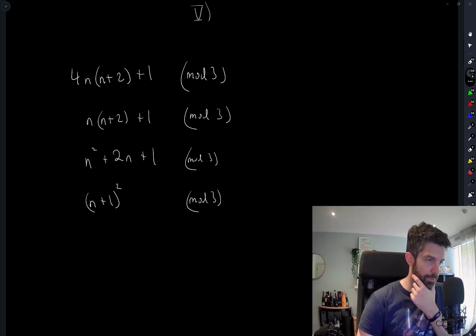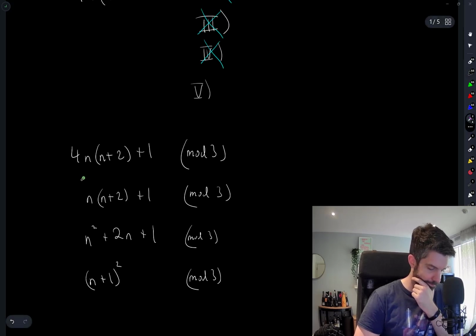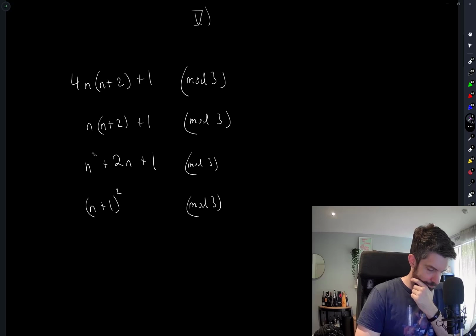If I set this equal to 2 mod 3, do I get a contradiction? I mean, it seems like very easy to make it 1 greater than a multiple of 3.